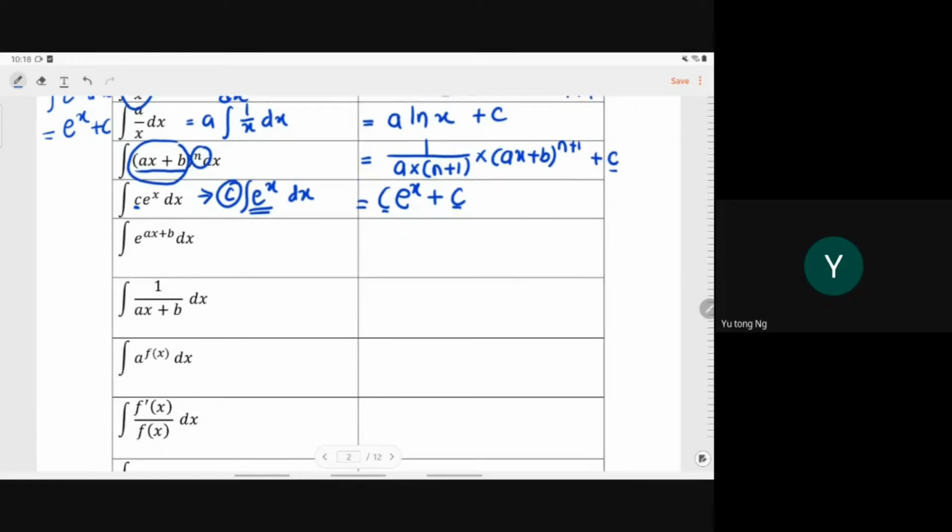Next, when we have e to the power of ax plus b, we are going to differentiate the power first, ax plus b.